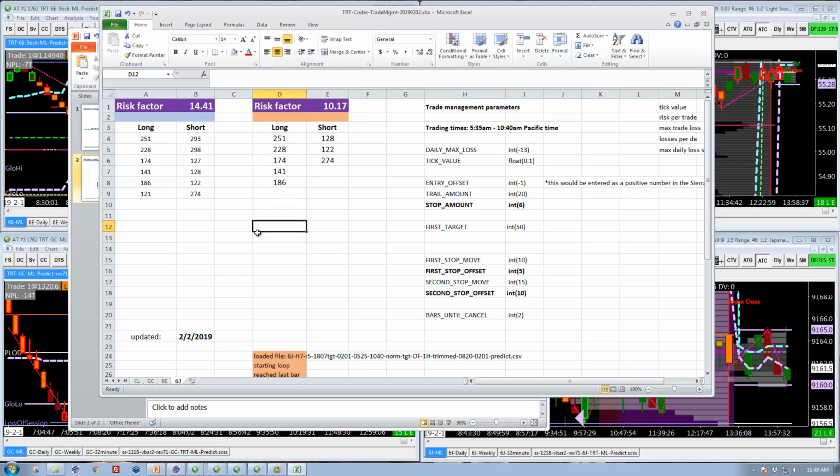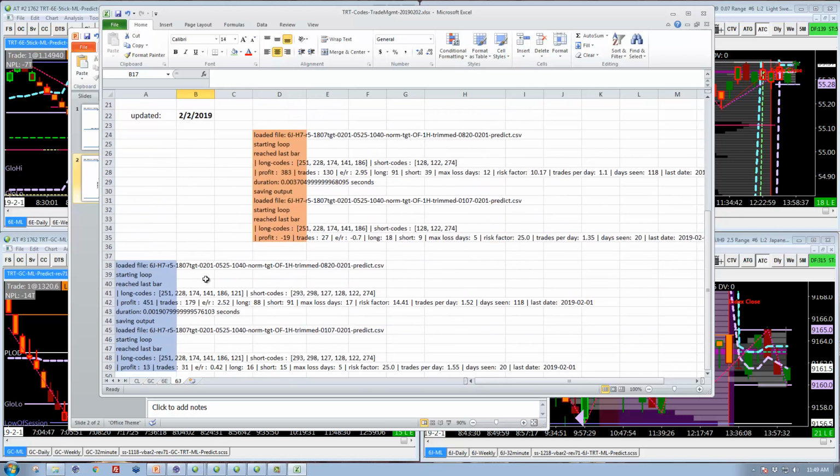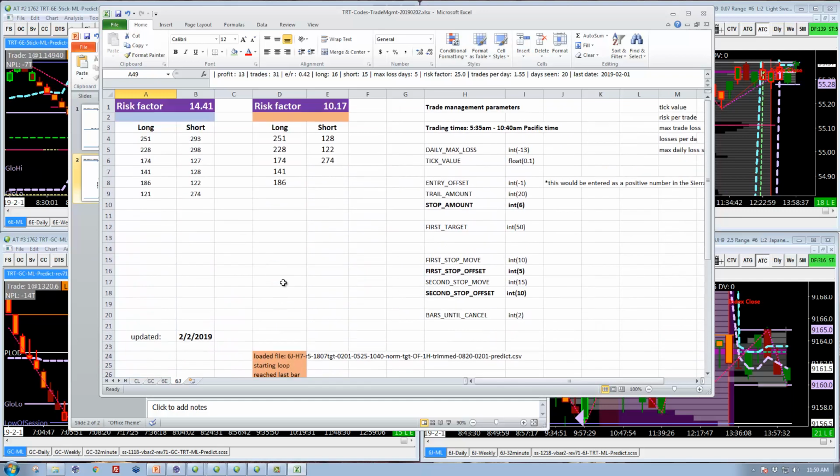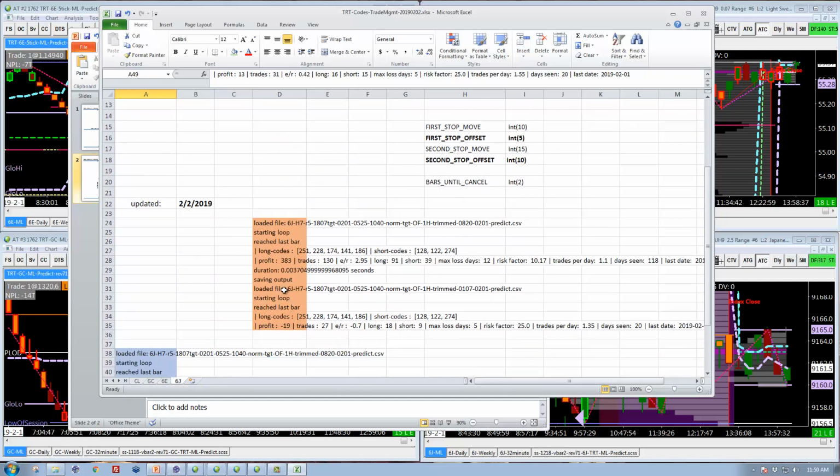Both of these have to be considered conservative. What I show here is a 451 profit, but in the last 4 weeks, only 13. And actually, in this more conservative view, 383 profit, but the last 4 weeks has been minus 19.